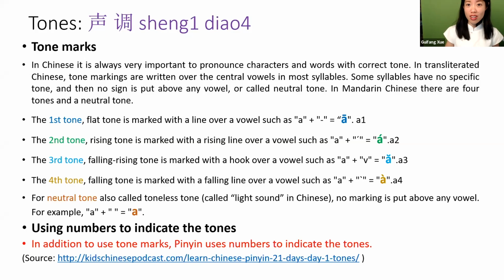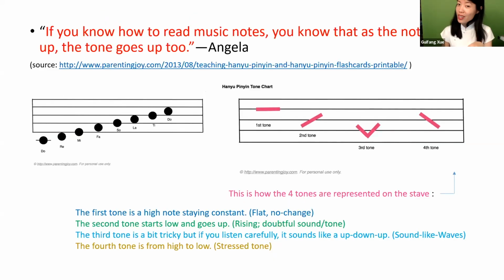Let's look at the first tone. Here is the musical note and how the tonal sound, the volume, is related. Let me use the highlighter. Here is the first tonal mark. What does it look like?